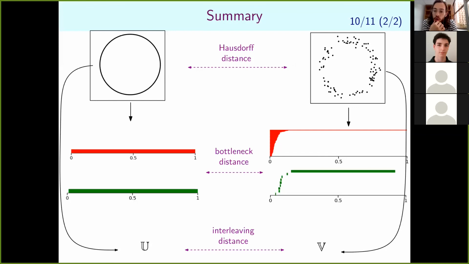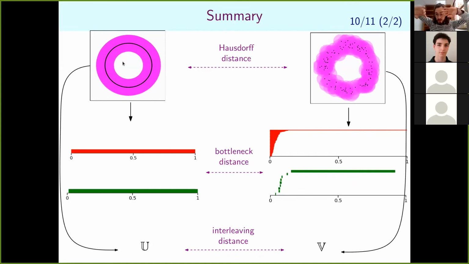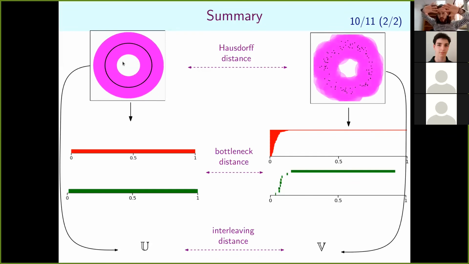Can you explain what is the role of the epsilon in the epsilon interleaving using this example of the circle? I can show you. When I build these Čech filtrations of the thickenings, what I have are thickenings that are included one in another.